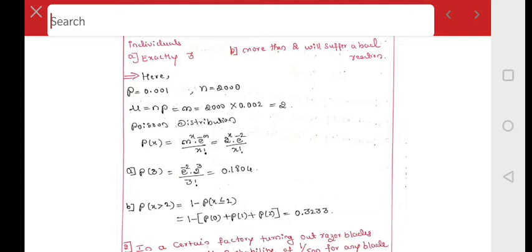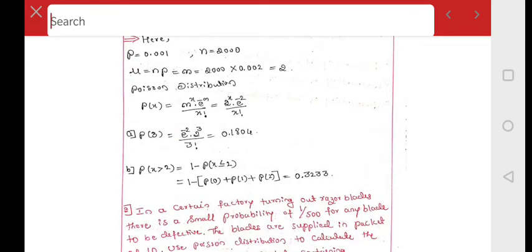Now we need to find the probability that exactly 3 individuals suffer a bad reaction, that means p of 3. Wherever x is there, we replace it by 3. So p of 3 is equal to e raised to minus 2 into 2 raised to 3 upon 3 factorial, which is equal to 0.1804.